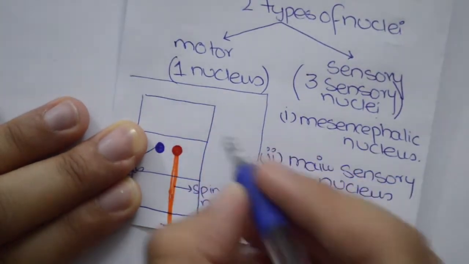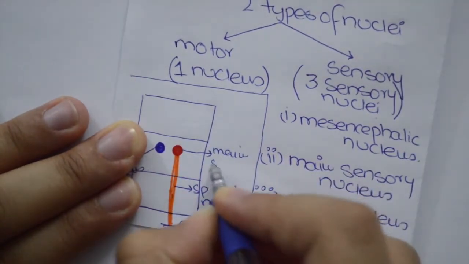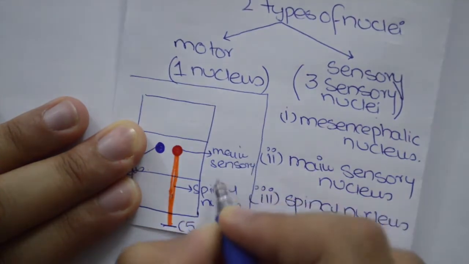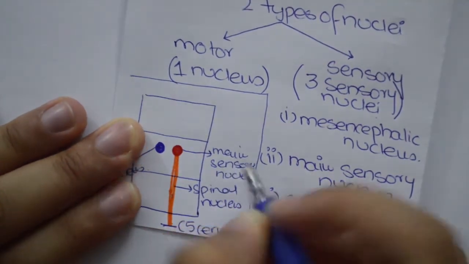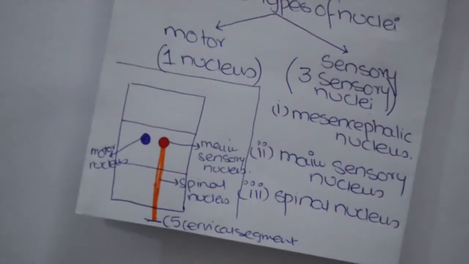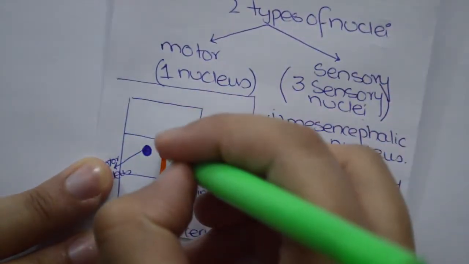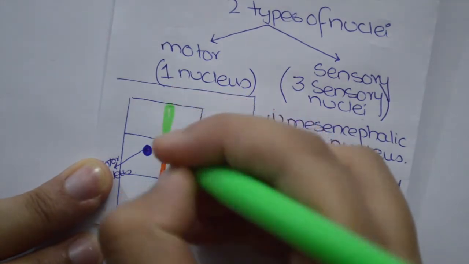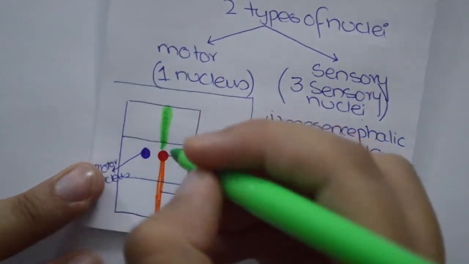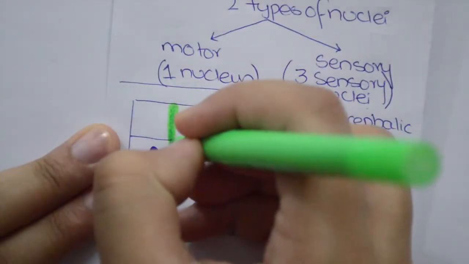The red one that I drew is the main sensory nucleus. If I draw another line with another color, going up like this, halfway somewhere, I drew it a bit wrong.